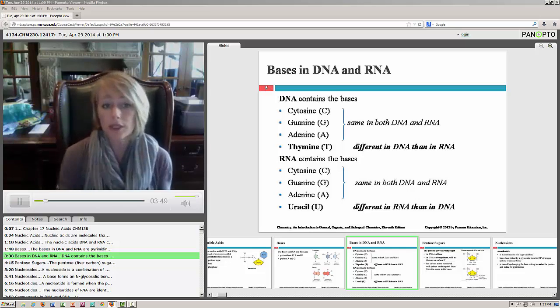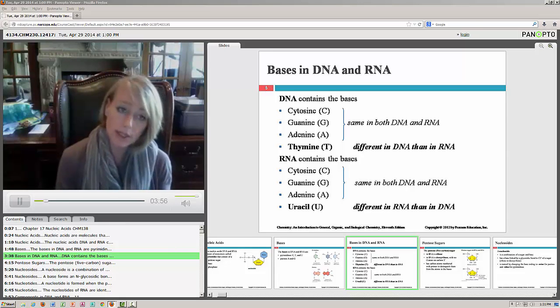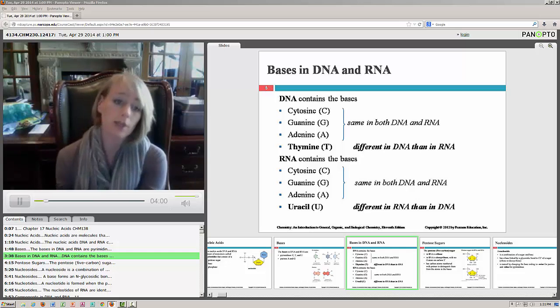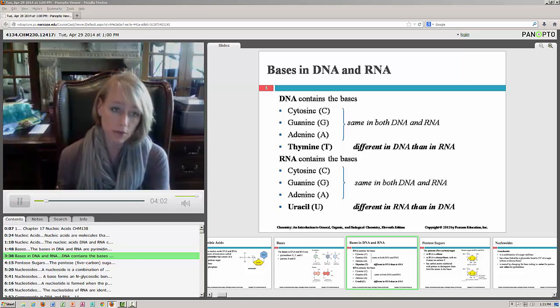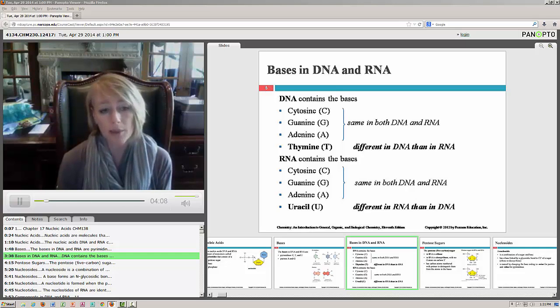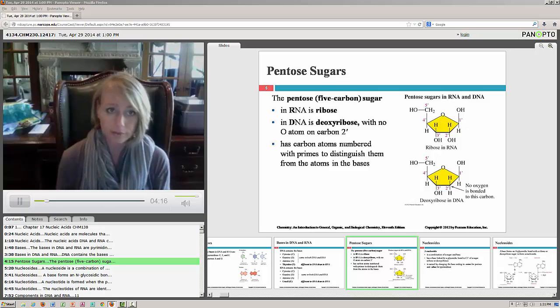So if you have a cytosine as your first nucleotide within your nucleic acid, then you would write C. And if a guanine followed, it would be G. If an adenine followed, it would be A, and so on and so forth. Keep in mind that the cytosine, guanine, and adenine are all the same in the RNA and DNA, but the thymine does lose its methyl group when it switches to the complementary base pairing in RNA, and therefore it's called uracil.